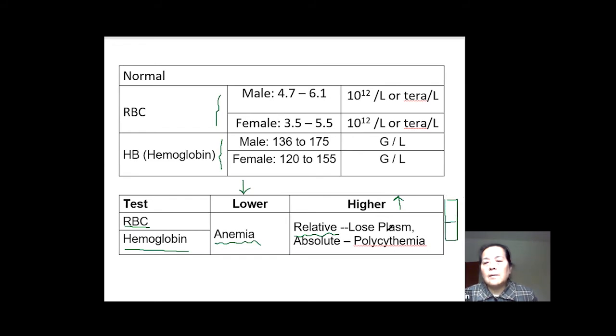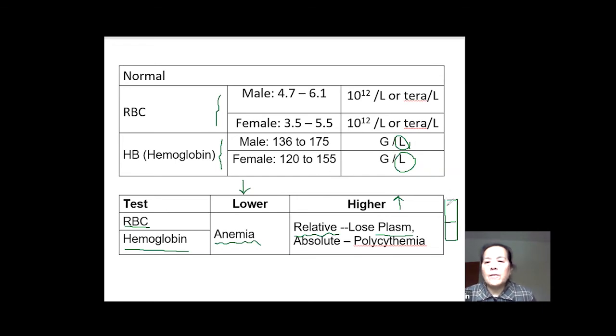55% is the plasma, and the other part is the cells. When we calculate, pay attention to the unit. We use how many liters and how many cells are in there. That's truly when we take whole blood out and calculate how much is in there.